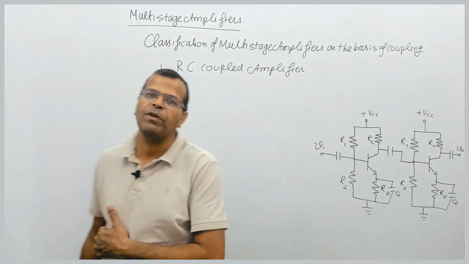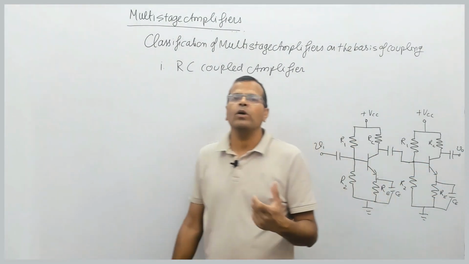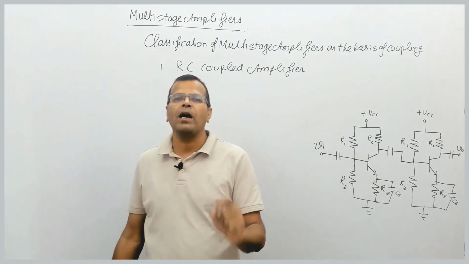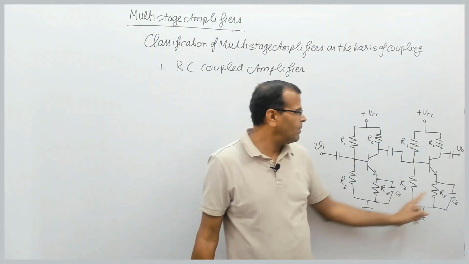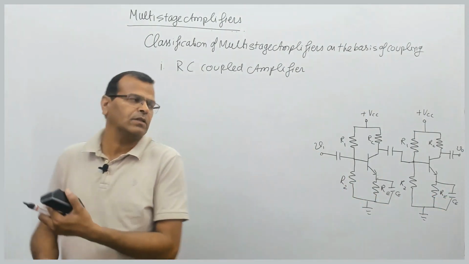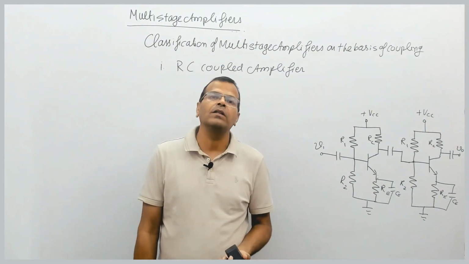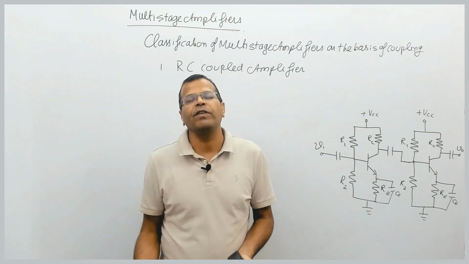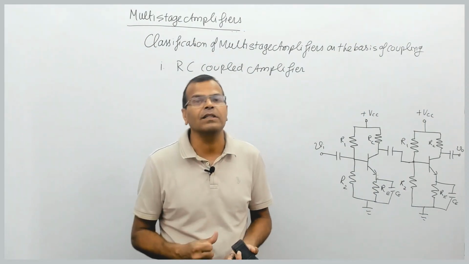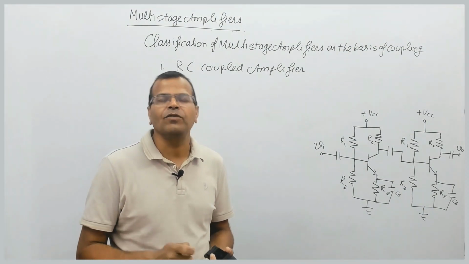So this type of amplifier, where we have a simple capacitor between input, output and intermediate stages, is the simple RC coupled amplifier. Simultaneously, I am showing these two capacitors which are called emitter bypass capacitors, which play a very important role in increasing the gain of the amplifier, and they have many advantages which we have already discussed in the small signal analysis of BJT amplifiers.